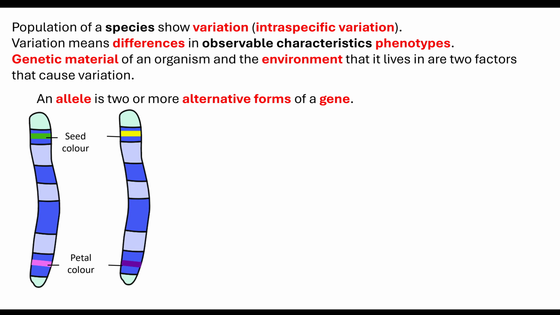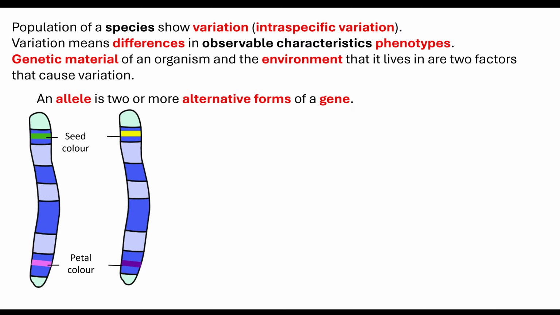So you should know that a gene can have different forms, alternative forms, and that's what we call an allele. So if there are two or more alternative forms of a gene, that is what's known as an allele. If we look at, for example, seed color in a plant, it could be green or yellow.